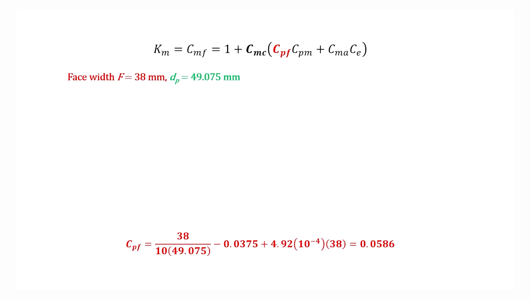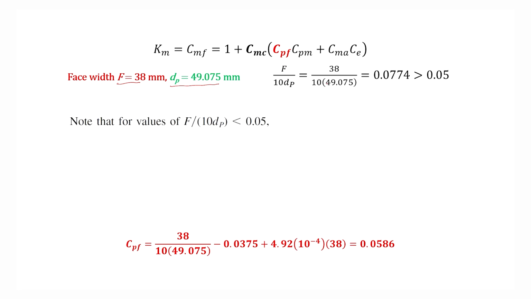Similarly, the next factor CPF is determined. Knowing the value of face width and the pitch circle diameter, we get F divided by 10 dp. First of all, this is determined. If it is less than 0.05, then we take F divided by 10 dp equal to 0.05.